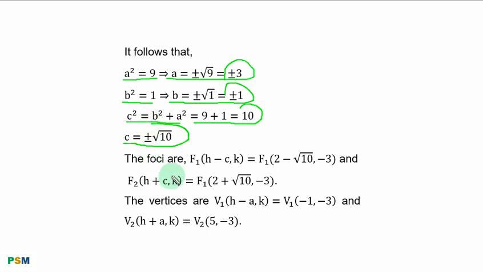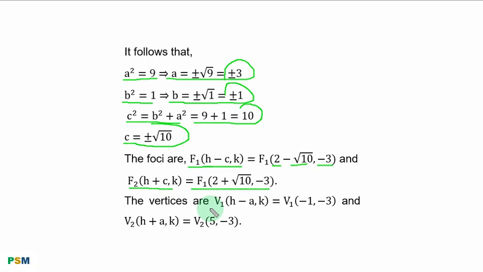The foci are F1 with this information, that is h from the standard form. H is equal to 2 minus c, that is root 10, comma, then k is minus 3. F2 is equal to this information. You have it in this form.